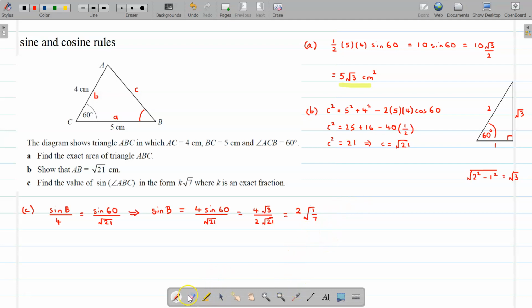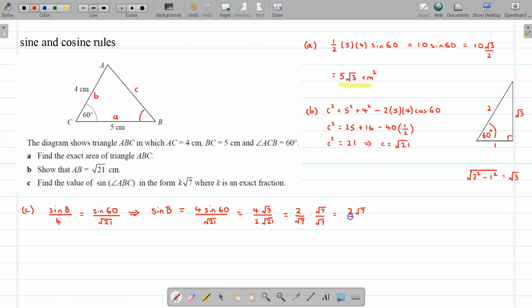It's the same thing, but it's easier to see what we're going to do next. So I'll just write it as 2 times 1 over root 7, so 2 over root 7, and then I'm just going to multiply top and bottom by root 7 over root 7, which rationalizes the denominator, and that gives me 2 times root 7 over 7.